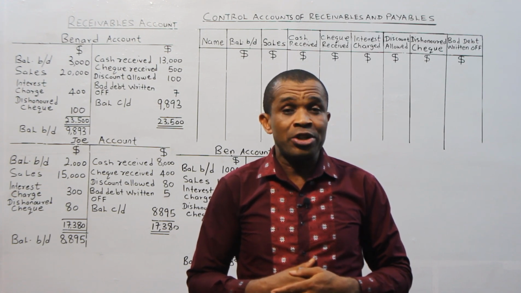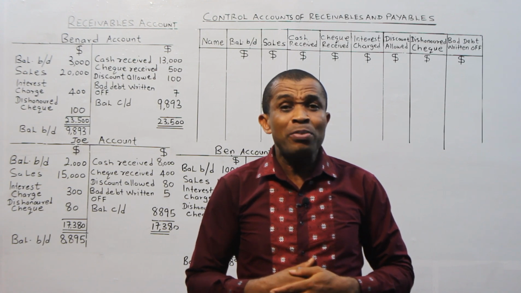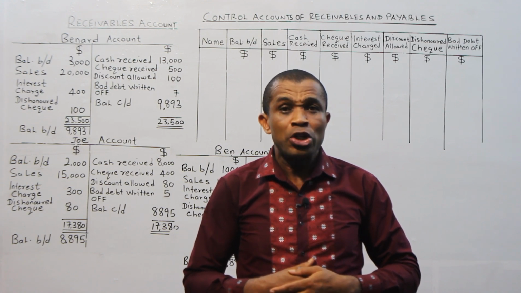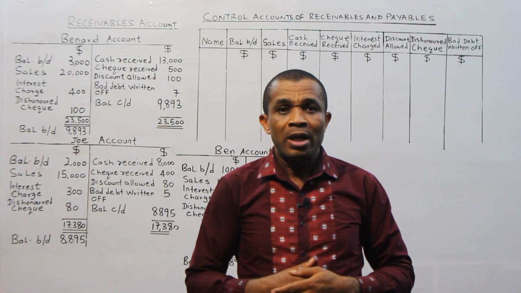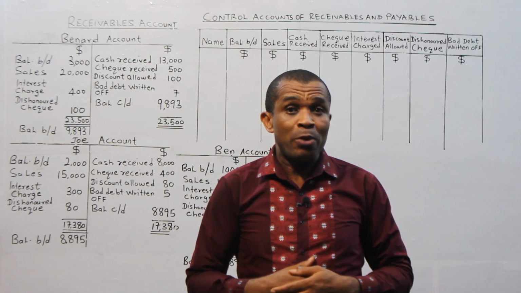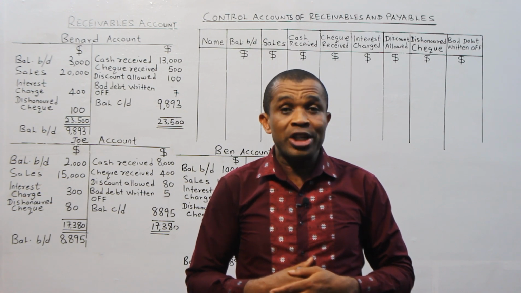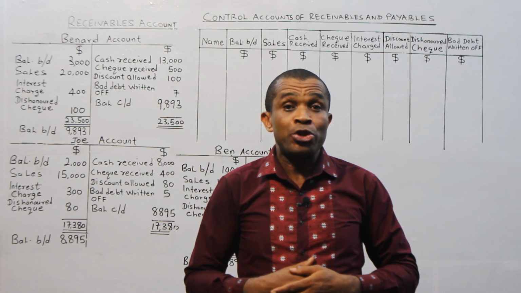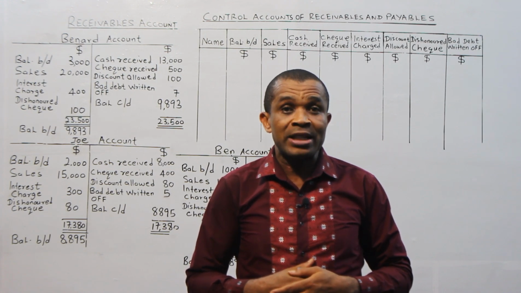In large organizations where receivables accounts are numerous, it will lead to a lot of problems. Errors and frauds could result because most of these books may be kept by junior staffs or officers.